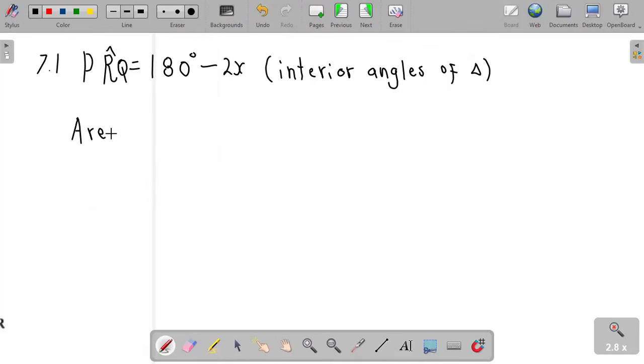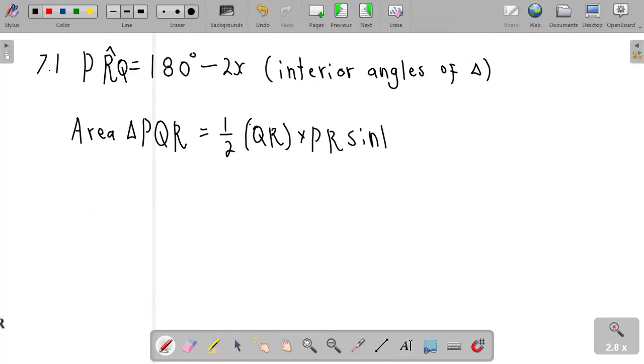So area of triangle PQR will be equal to half QR multiplied by PR, and then sine R. Yes, it's going to be this angle.